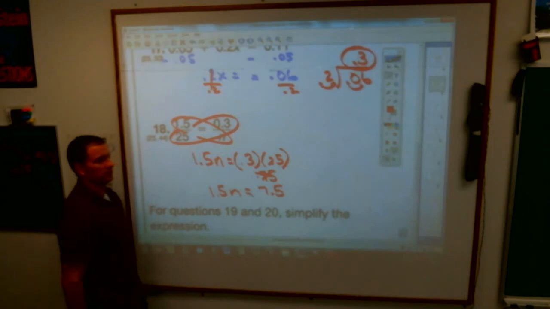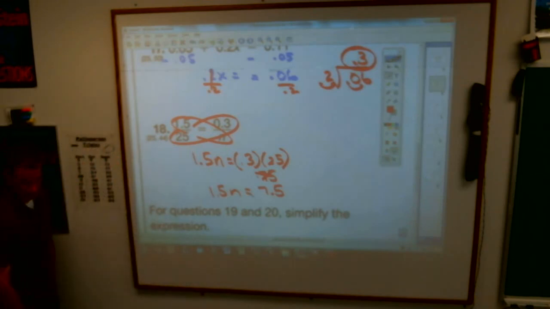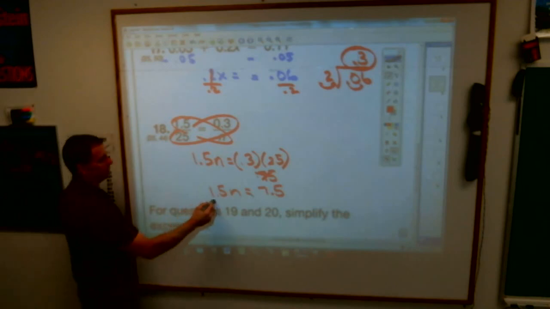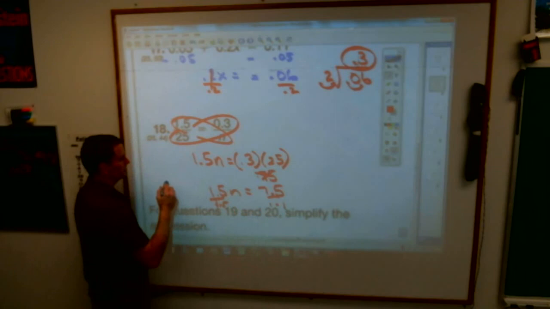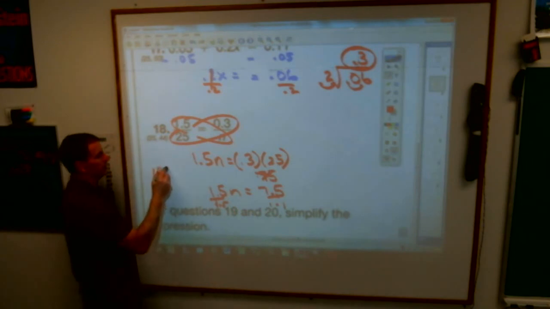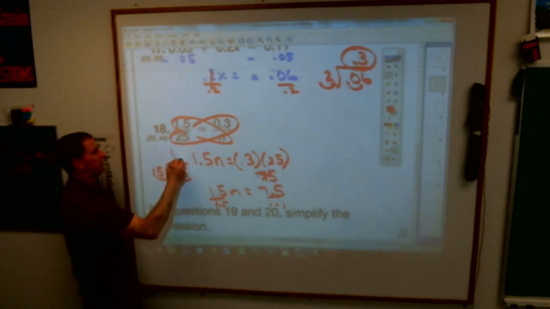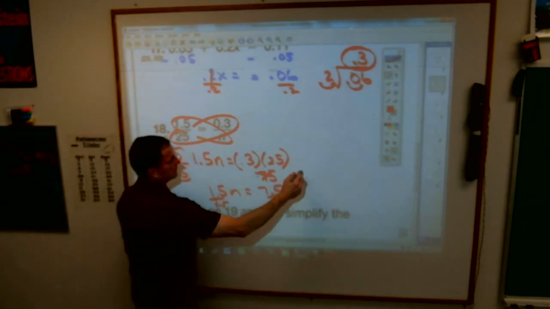Guess what? In the equation, what's the last thing I'm going to do again? Divide by 1.5. 1.5 into 7.5. Decimal, decimal. 15 goes into 75. 5 times.